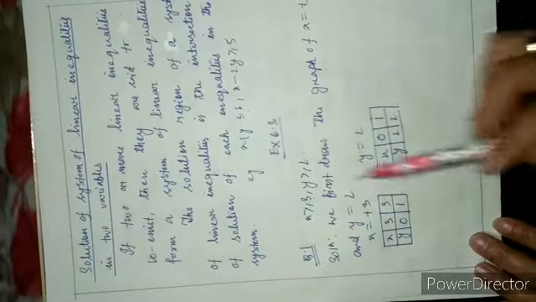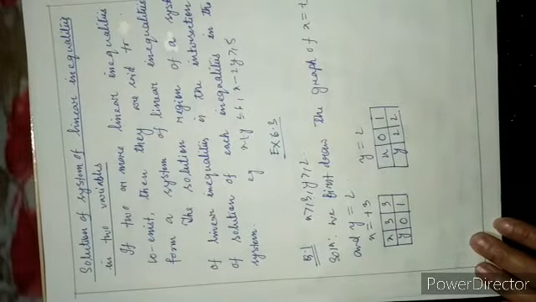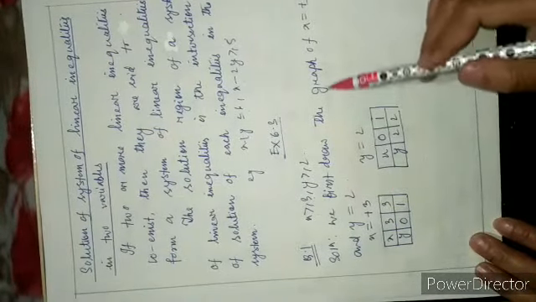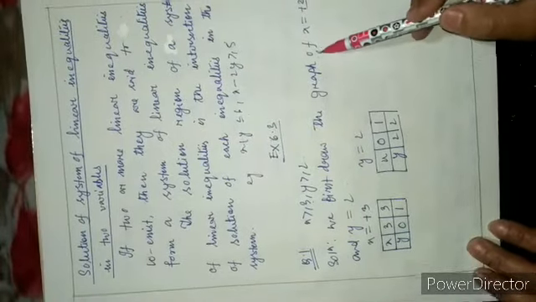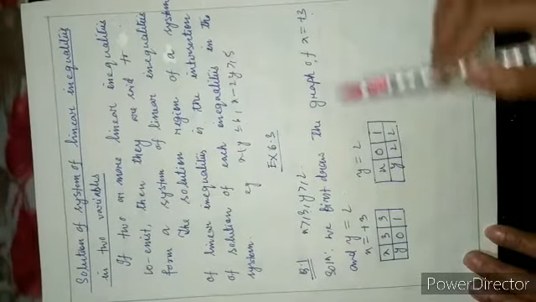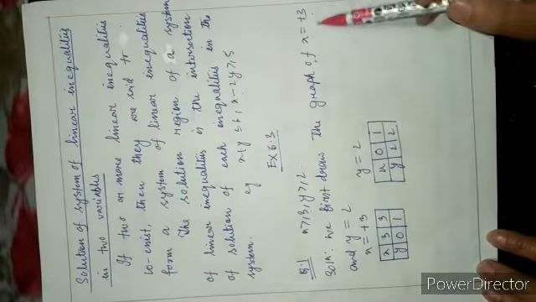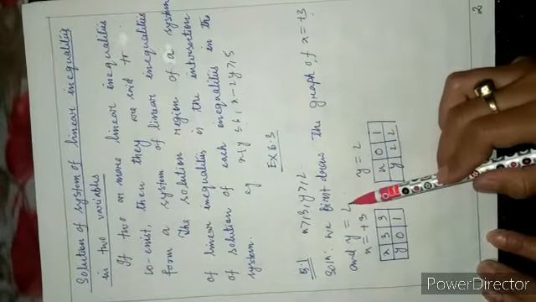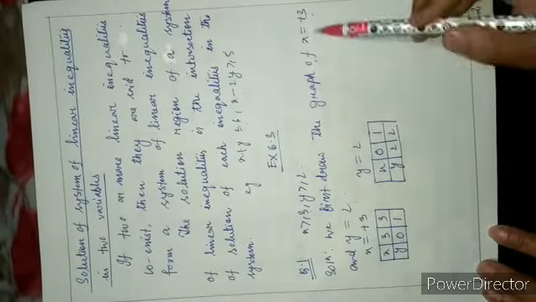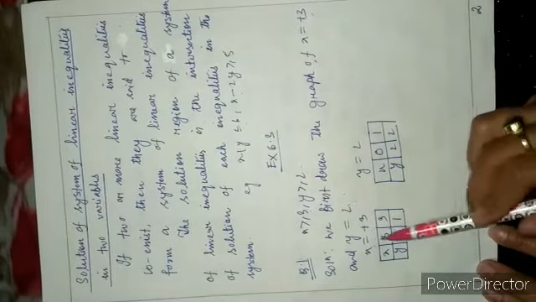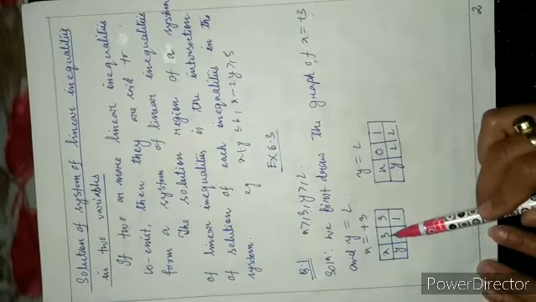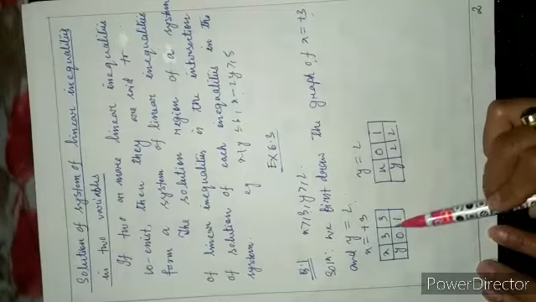First we draw the graph of the equations. First equation is x is equal to 3 and y is equal to 2. The x is equal to 3 means for any values of y, x is always 3.